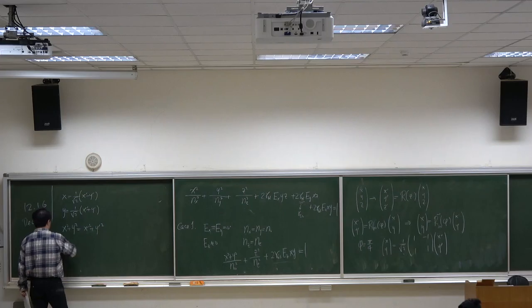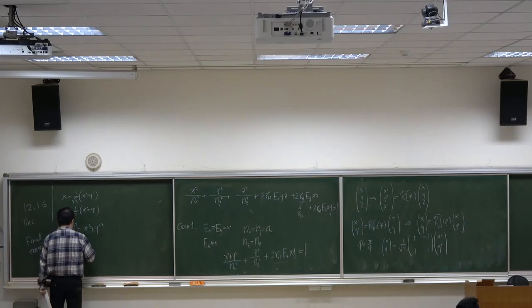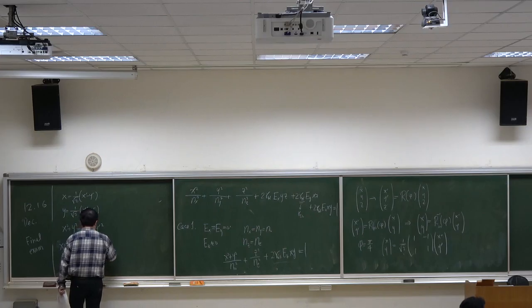However, there is also xy, and xy can now be written as one half of x prime squared minus y prime squared.